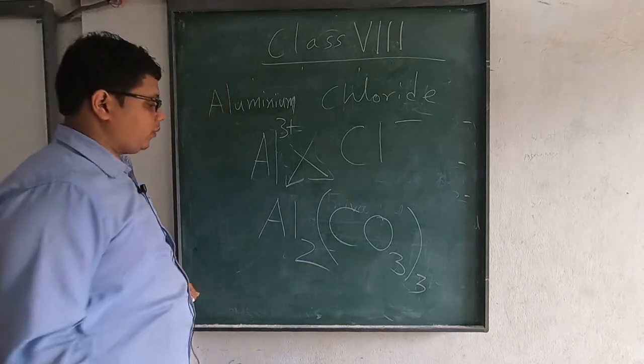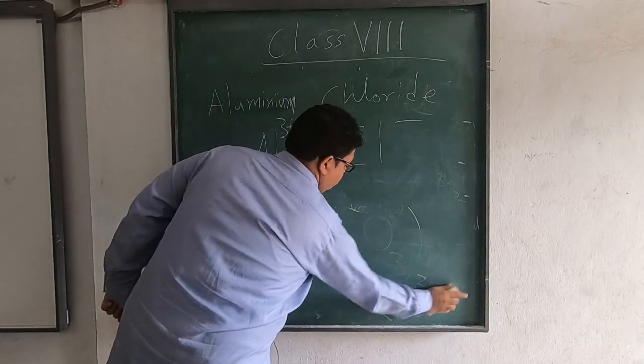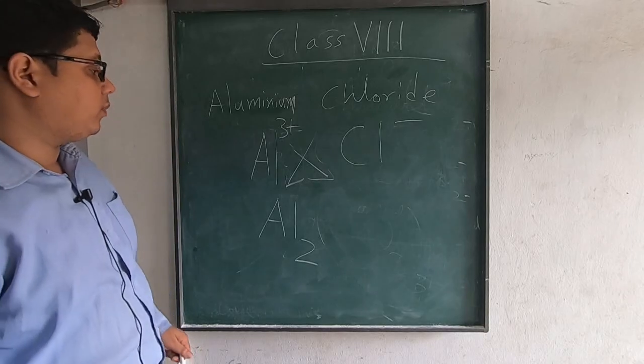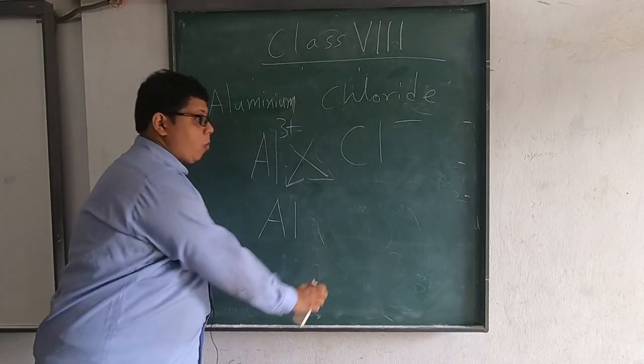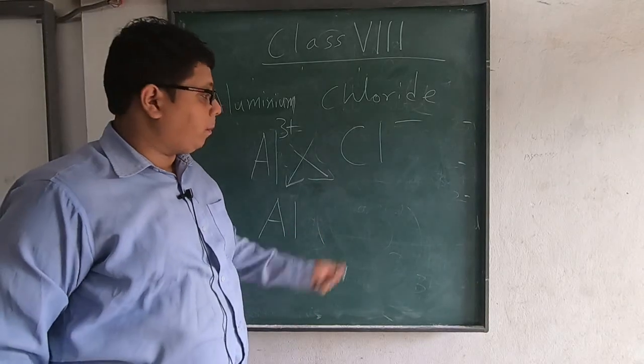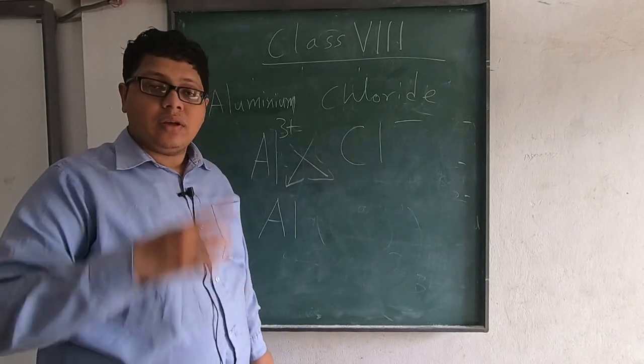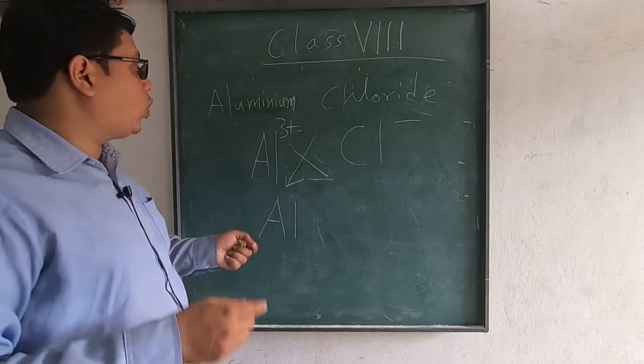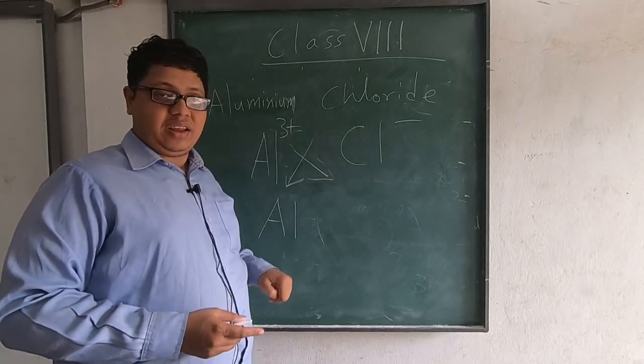So in that case, what happens here is, on top of Cl what is there? Simply a minus, that means 1 minus, and 1 we don't write. But on top of Al what is there? On top of Al there is plus 3.